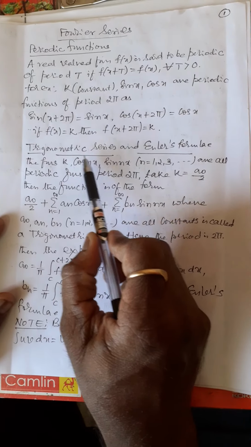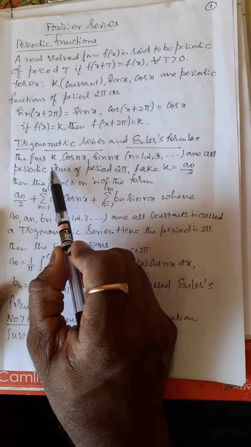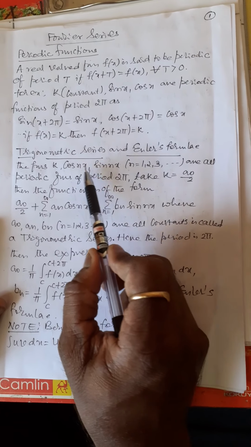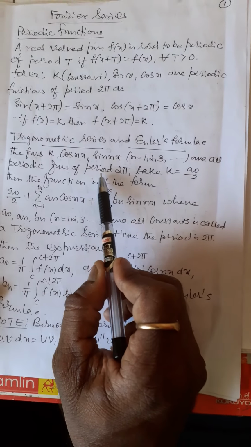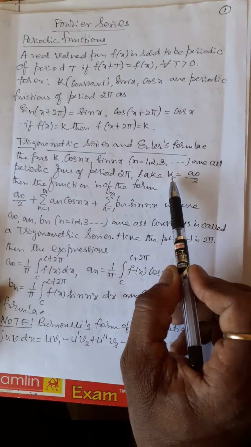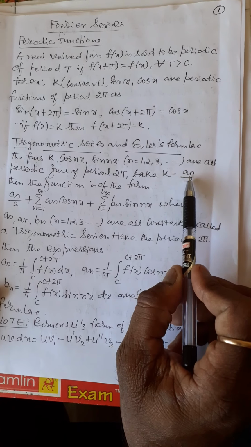Okay. Next, the trigonometric series and Euler's formula. The functions constant, cos nx, sin nx for all n equal to 1, 2, 3 and so on are all periodic functions of the period 2 pi. Then take k equal to a naught by 2.